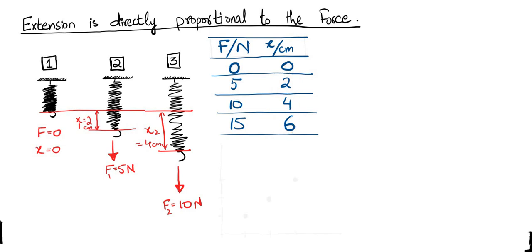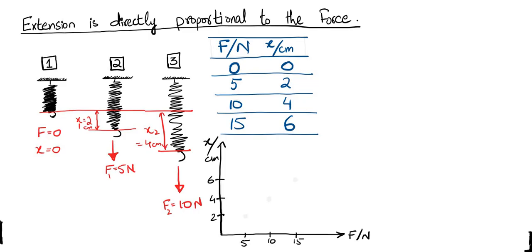Okay, if I plot a graph of force on the x-axis, मैं x-axis draw करूँगा, a force F in newtons on the x-axis, and the extension x on the y-axis, extension x in centimeters on the y-axis, और इसके एक्सेस मार्क कर लेते हैं, लेट्स से 2, 4, 6, 5, 10, 15. और अब ये टेबल की वैल्यूज इस ग्राफ में प्लॉट करने से क्या मिलेगा, we'll get few points.